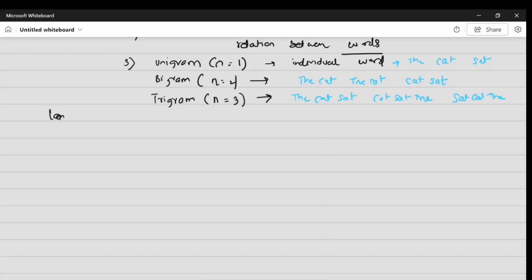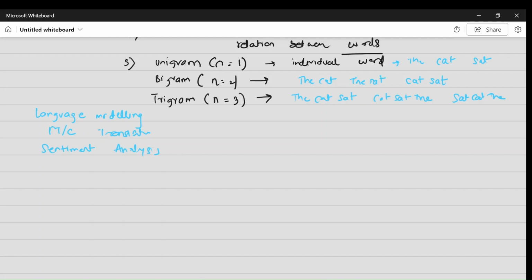The second is machine translation. The third is sentiment analysis. Then there is classification. So there are a number of things we can do.